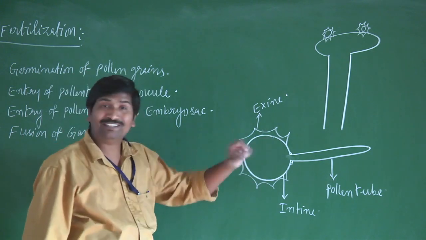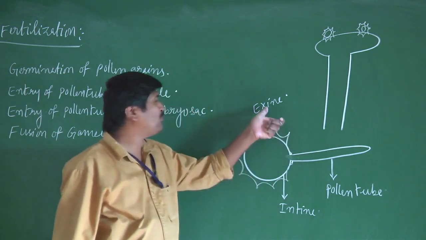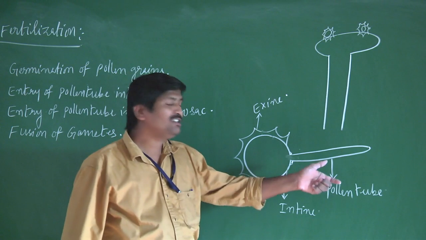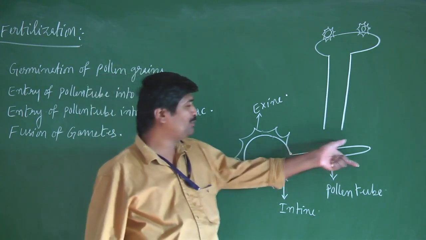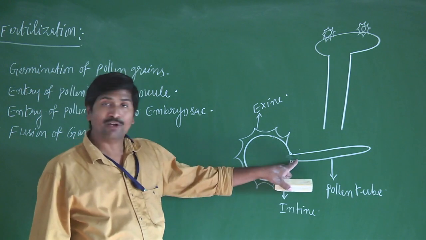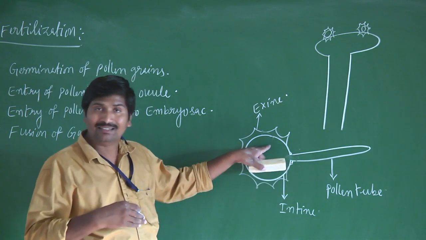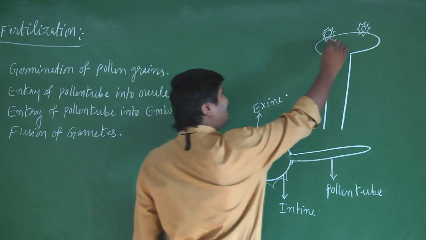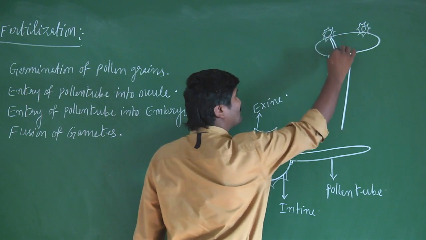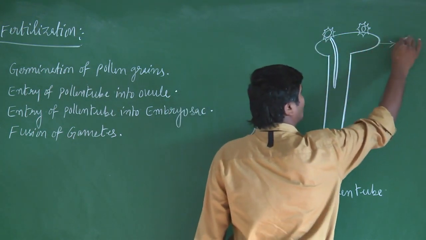The inner wall of the pollen grain comes out through any one of the germ pores of the exine to form the pollen tube. When the pollen tube comes out from the pollen grain, that indicates germination. The pollen grains are germinated on the stigma.